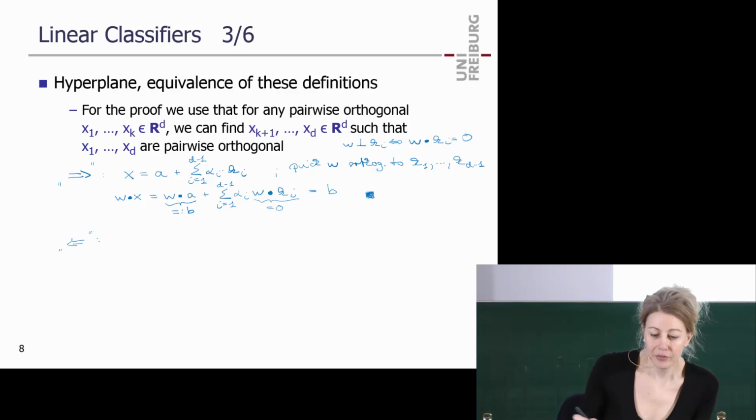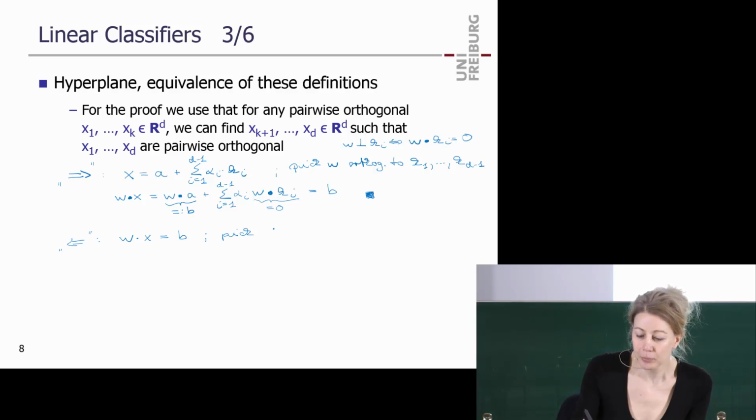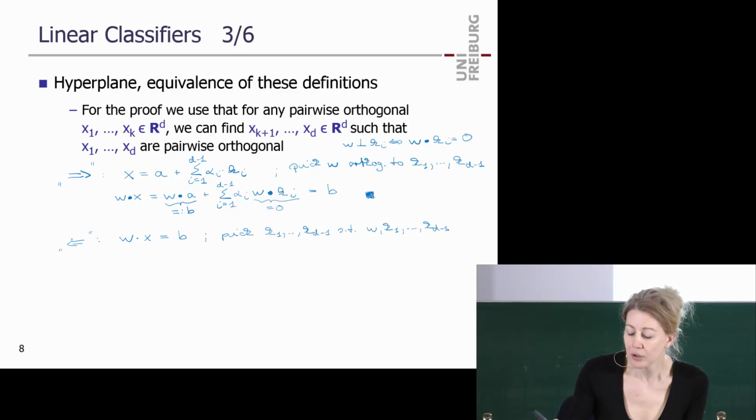Let's also do the other direction. Let's assume we have w x equal to b. Now w is given. Now pick h 1 through h d minus 1, some basis of the rest of the space, such that together with w they are all pairwise orthogonal.